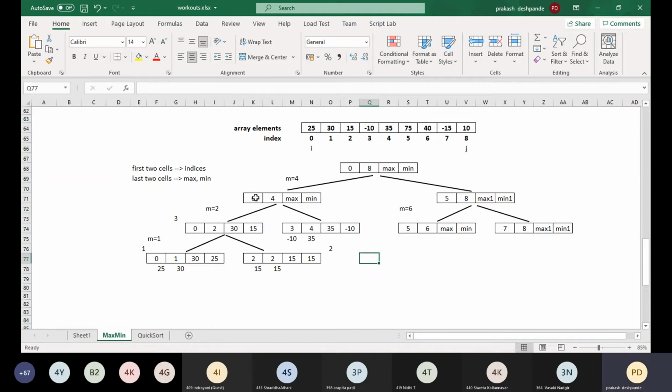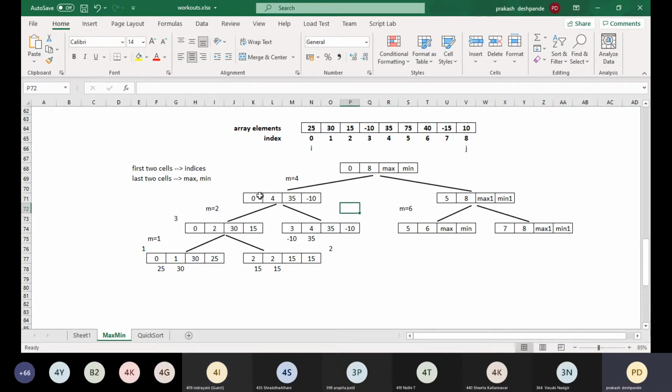Now, for the subproblems of this problem we have the solutions, wherein the max can be either among this 30 or 35. Between these, if we compare, 35 is the maximum, so we get a max value here. And for the minimum, we again have two values, 15 and minus 10. So between this, which is minimum? Minus 10. So we get minus 10 here.